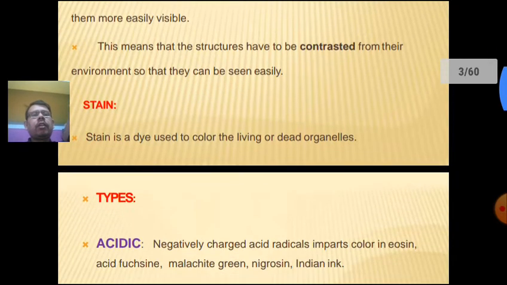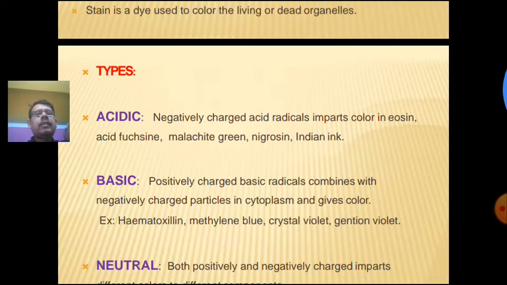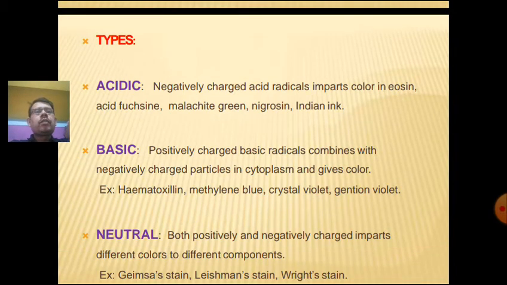Color dead cell organism. Types of dye: acidic dyes have a negatively charged acidic radical that imparts color, for example acid fuchsin, magenta green and nigrosin in Indian ink.